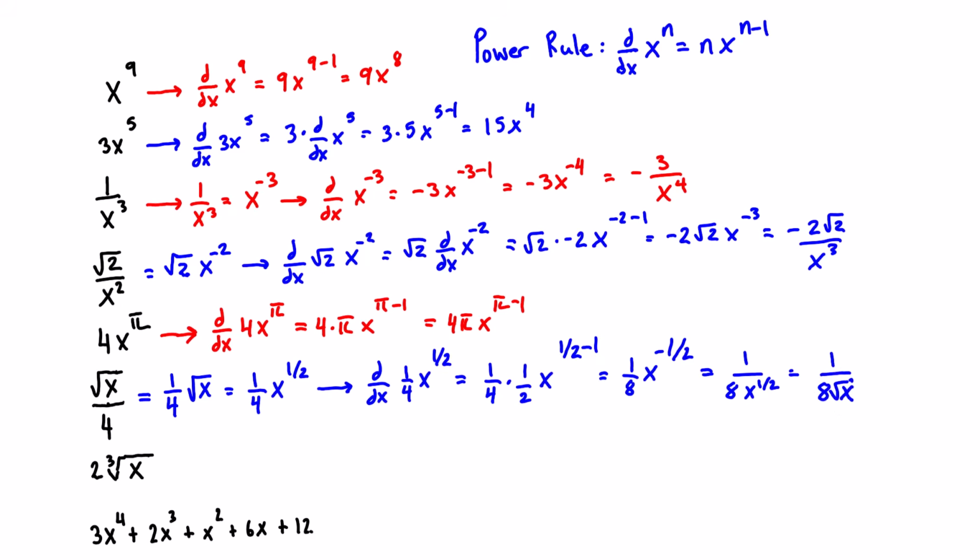All right, so let's move to the next one. We have 2 times the cube root of x. Let's just rearrange this a little bit to make it nicer to look at. So we have 2 times x to the power of 1/3. If we want to find the derivative of this, we have d/dx of 2x to the 1/3. So we're going to bring down that 1/3 for our derivative. So we have 2 times 1/3 x to the power of n, which is a third, minus 1.